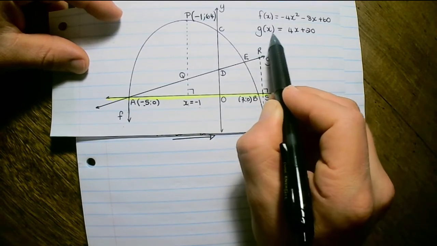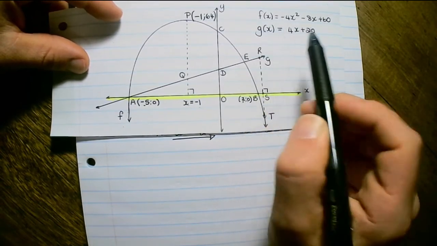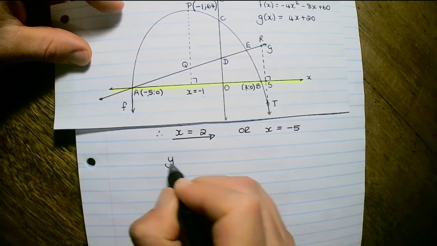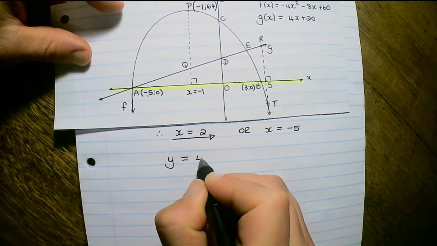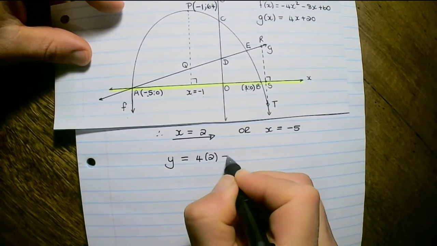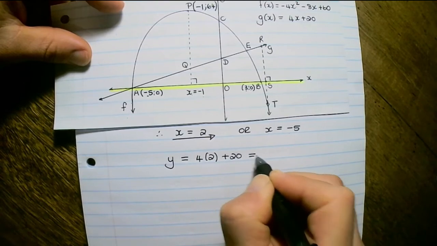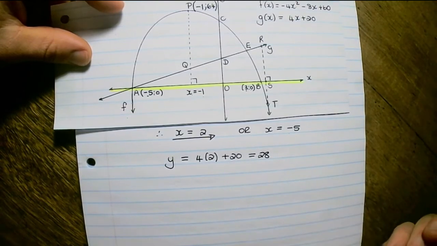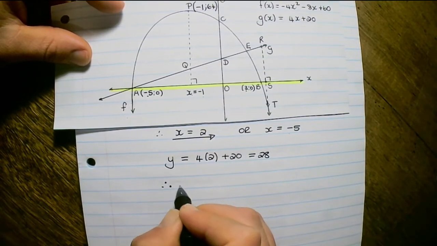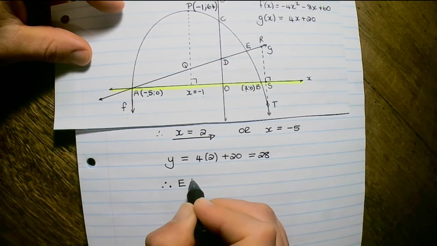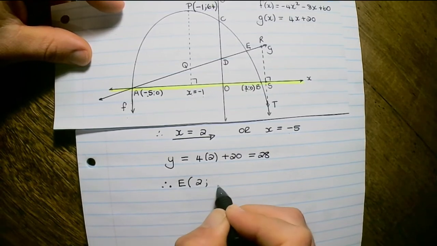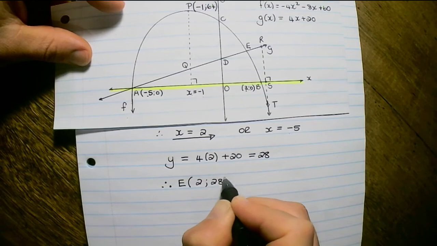And I recommend you use the linear equation because it's a bit simpler to work with. So y is equal to 4 times 2 plus 20, which is 28. Therefore, the coordinates of E are x equals 2 and y equals 28.